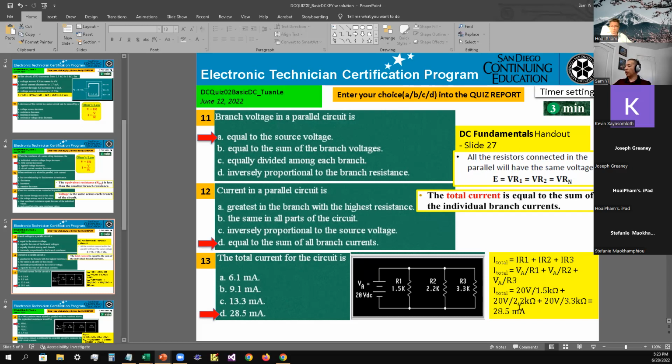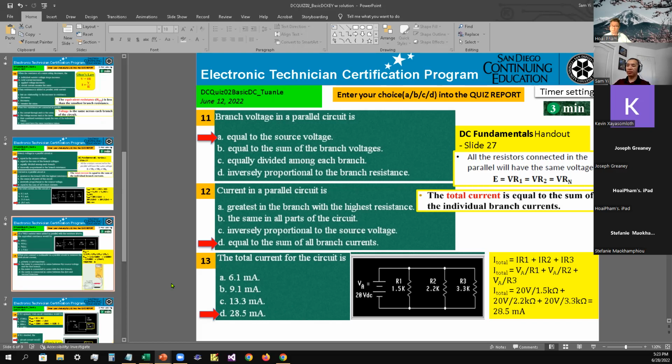You do that calculation and it comes up to about 28.5 milliamps. So the answer is D as in David for number 13. Any questions on number 11, 12, or 13? Okay, no question. Next set.